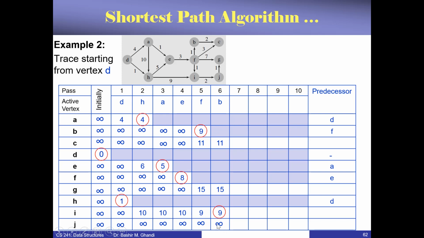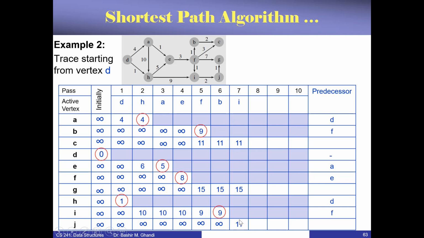Obviously 11 is better than infinity, so we're going to accept it. So this is the only value that will change. The rest we just copy from the previous iteration: 11, 15, and now 11. As I said, the predecessor of I is where we got the 9, which is F. Now among these, again, we have a repetition of minimum.